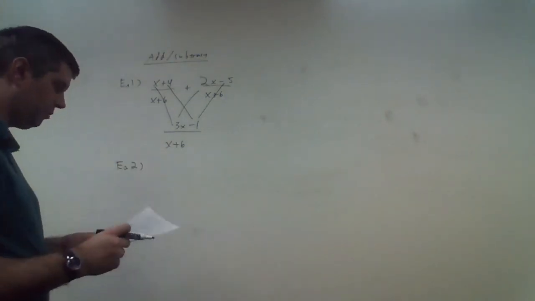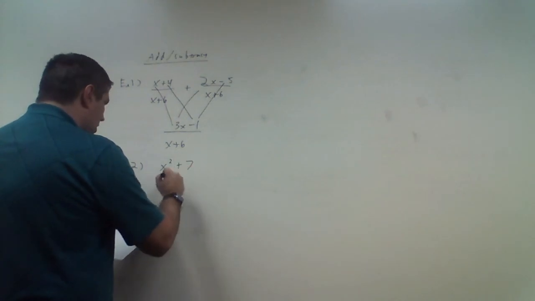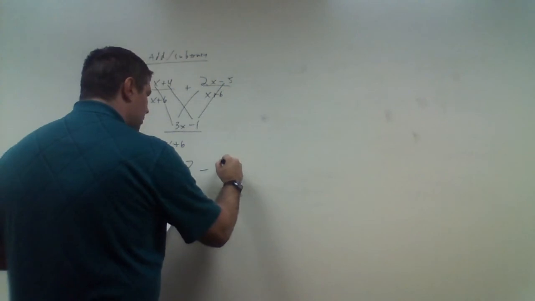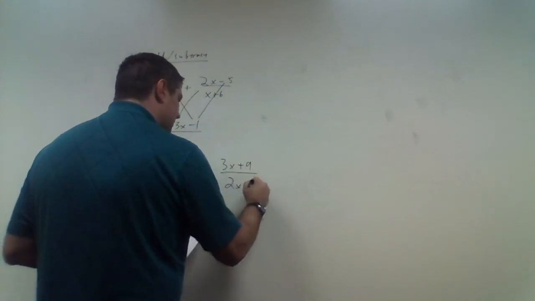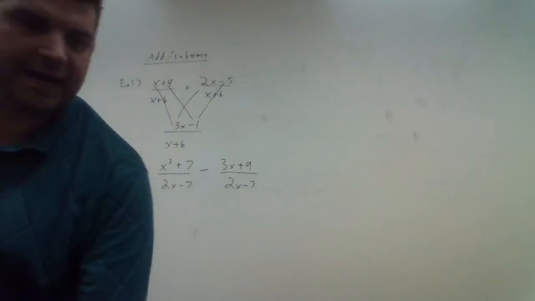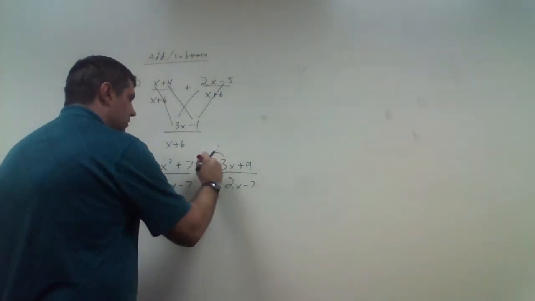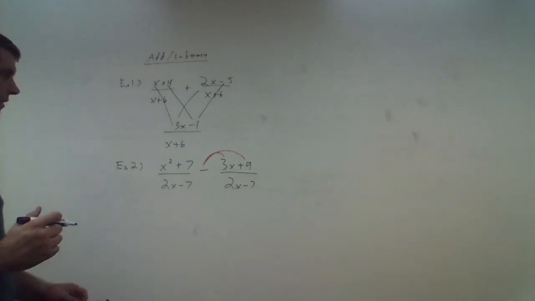So example 2, we have x squared plus 7 over 2x minus 7 minus 3x plus 9 over 2x minus 7. Now what happens here is you have a negative that must be distributed to the second fraction.